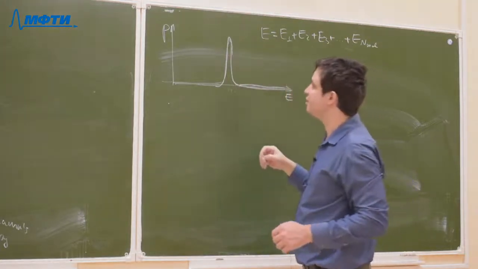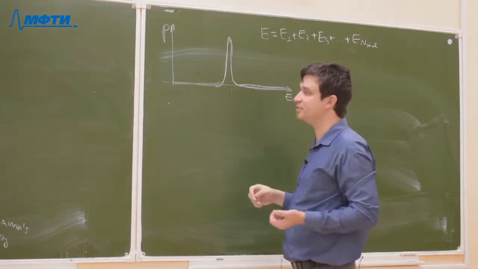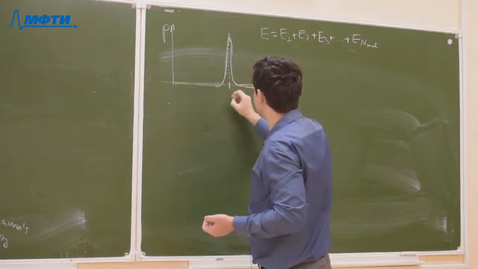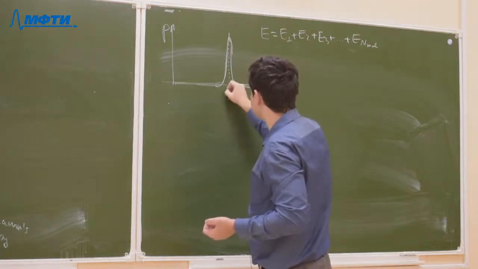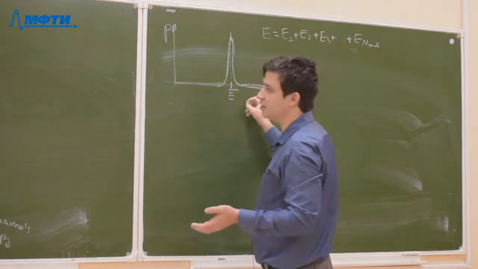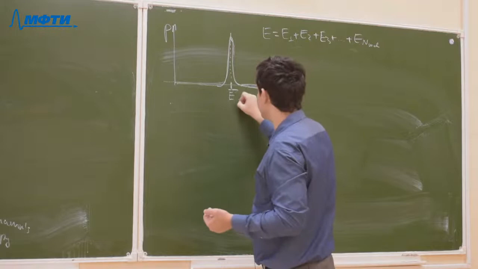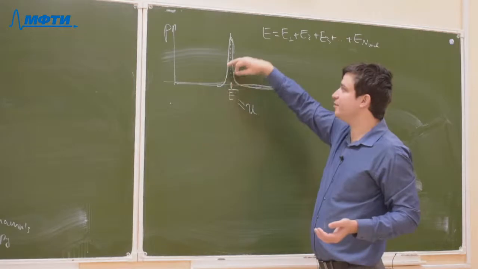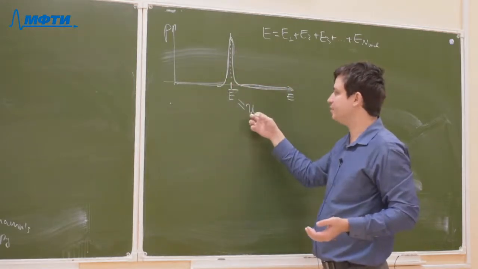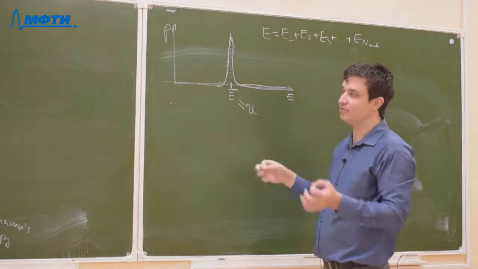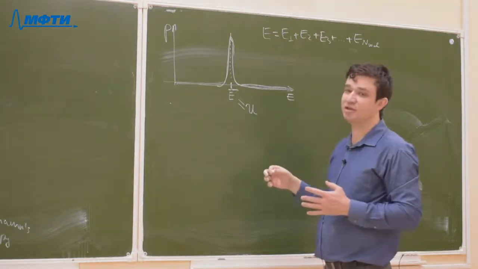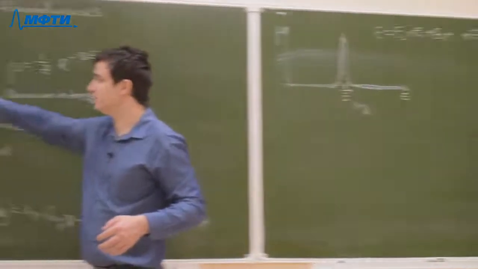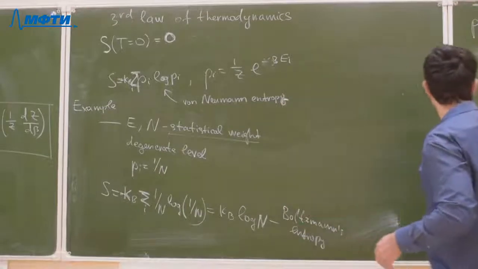So we can say that mostly the system occupies energy levels which are located very close to the average energy E average, or as we have noticed previously, this average energy is typically called internal energy. So that means that the probability density function is centered around the internal energy, and mostly those energy levels which contribute to this expression of entropy are very close to this internal energy.